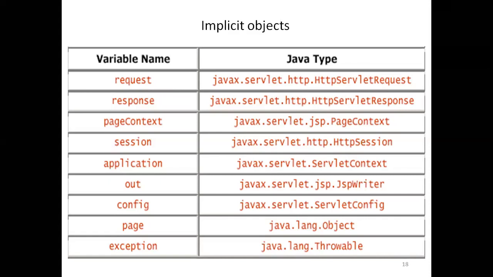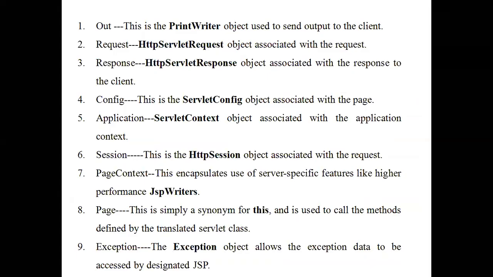Same way, for HttpServletResponse, we have the variable name response. The HttpSession equivalent object name is session. JspWriter is called out. ServletConfig is called config. Any kind of exceptions, we call them exception here. As I said, out represents a print writer object which is used to send the output to the client.